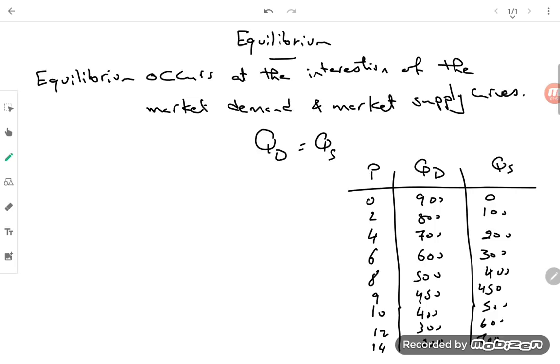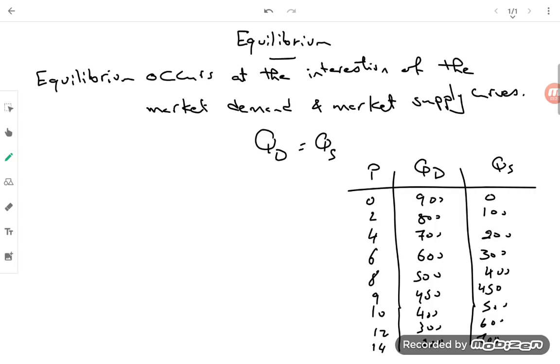So at price 0, the number of units demanded by the consumers is 900, while the number of units producers would like to sell is 0. At price 2, the number of units consumers would like to buy is 800, and the number of units producers would like to sell is 100, and so on.